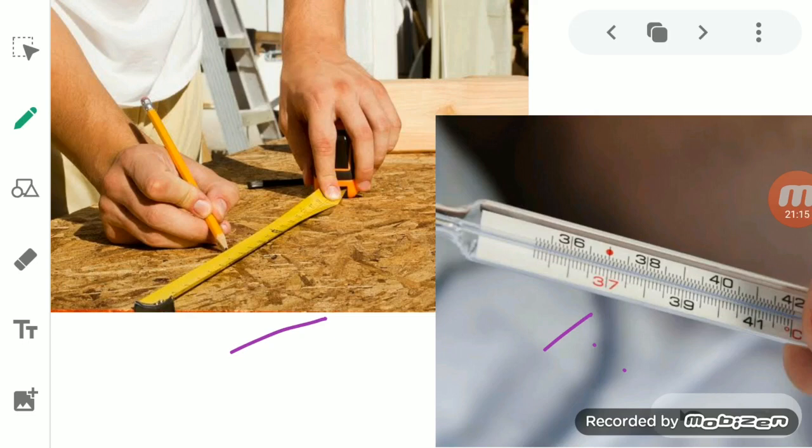So the measurement of distance helps you in choosing the right mode of transport. If the distance is more, we go by vehicle.